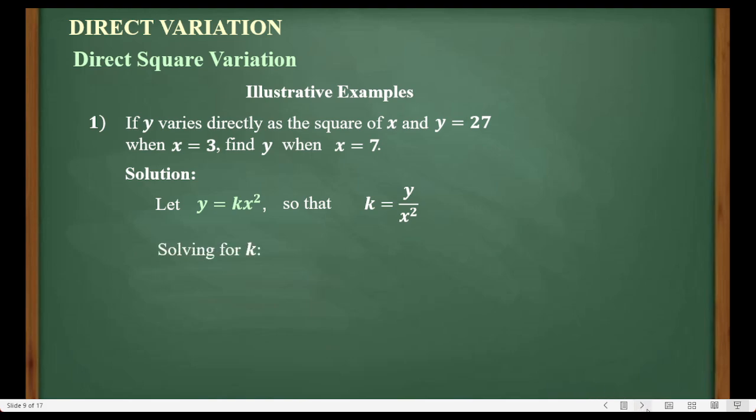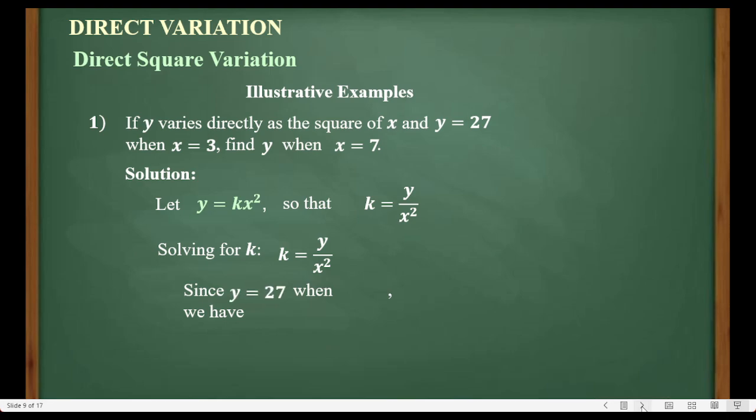And using the initial values of x and y, we can compute for the value of k. What are those initial values?